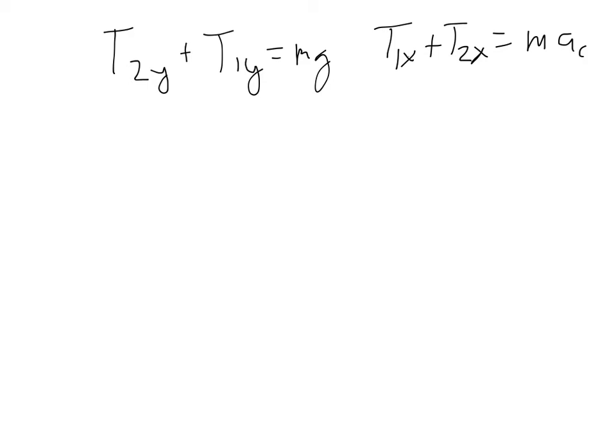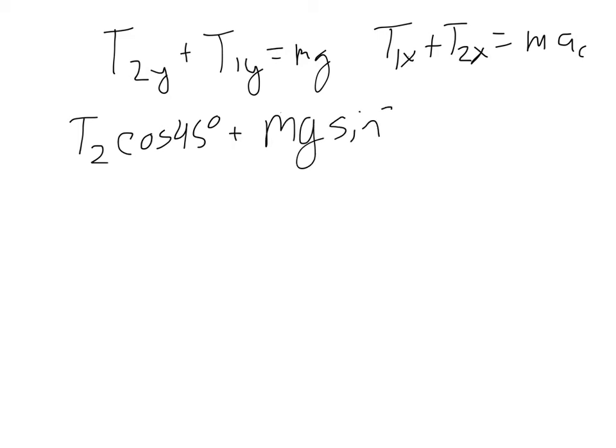Now we can start filling these things in. T2y is going to be T2 cosine 45 degrees plus T1. Do you remember what T1 was? They said T1 was mg. So T1 is mg, times sine 37 degrees, and that equals mg overall.